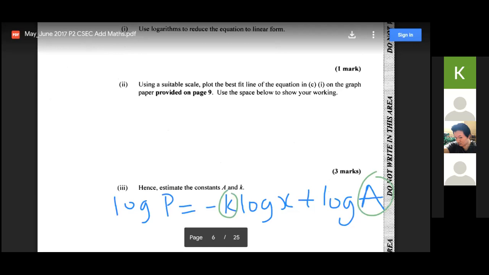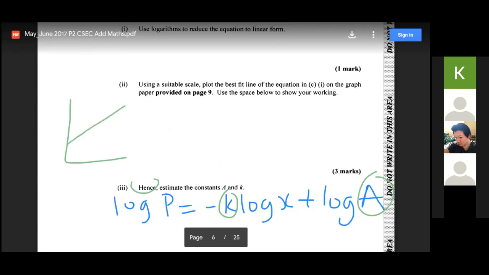Oh, by the way, they said hence, right? What does that mean? They want you to actually use this graph that you got. So say the graph looks like that. Maybe it wouldn't look like that. It would look like this.